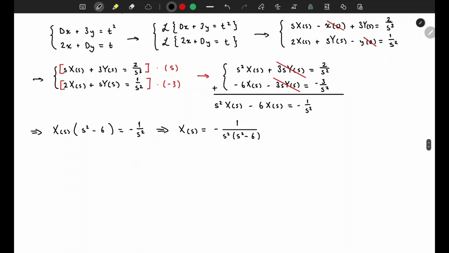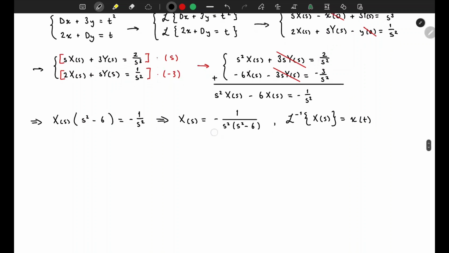So boom. Now, if we want to find x of t, we have to take the Laplace inverse of X of s, because this will result in x of t. So we need to take the Laplace inverse of the following.